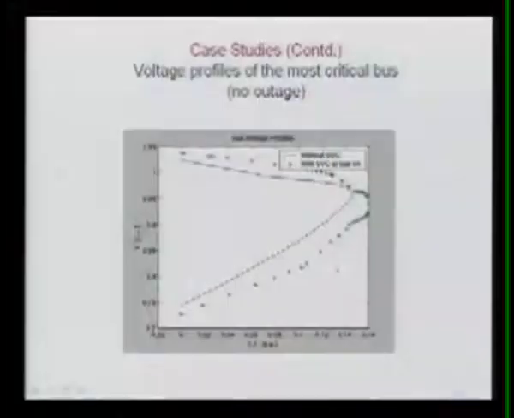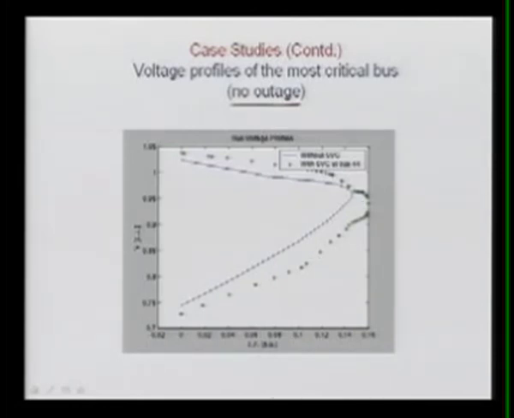If we see the voltage profile of the most critical bus here, for the no outage case, meaning the base case, without SVC it is this blue line, and with SVC at 44 it is here.